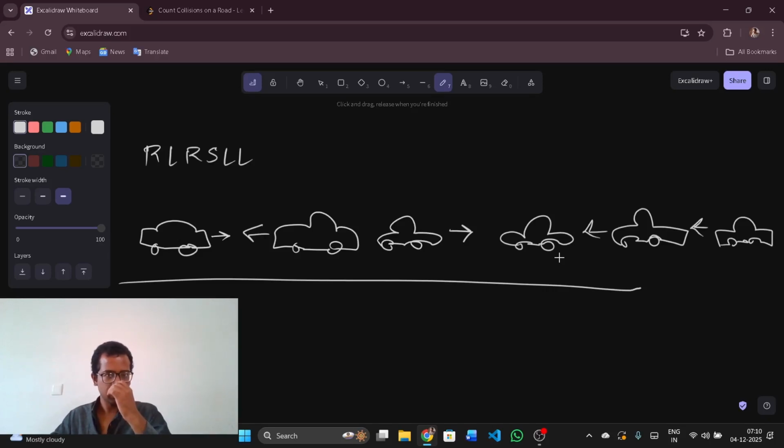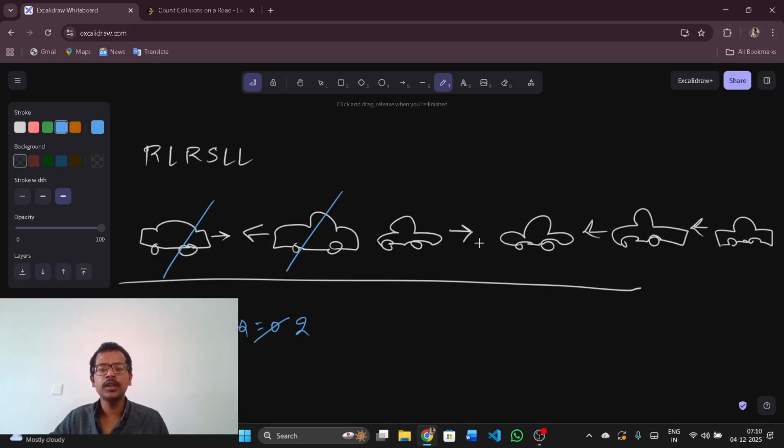If all of these start moving, I don't know how to do the animation, right? So these two will collide for sure, because this will come like this and this will come like this. For now, the answer, which was 0 before, is 2.